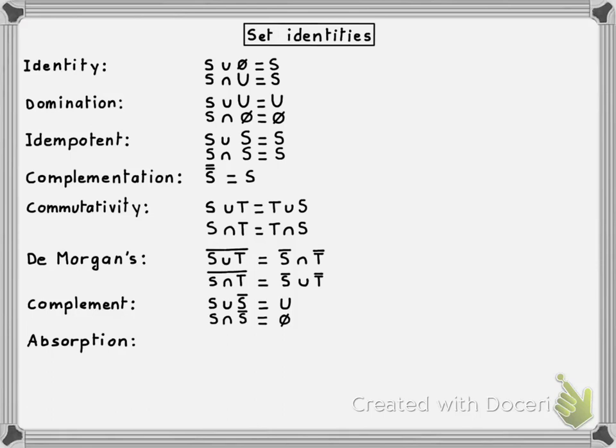The absorption identities are as follows. If you take S and union it with the intersection of S and any set T, you get the set S back for any set S. And similarly, when you swap the operations of intersection and union.